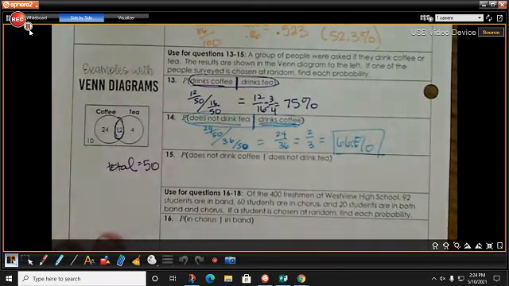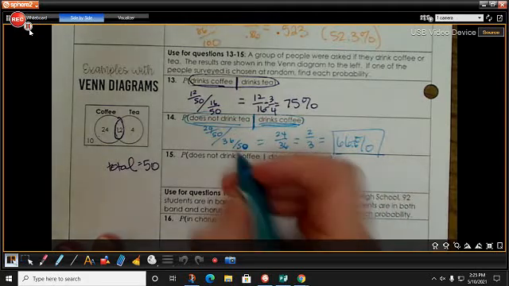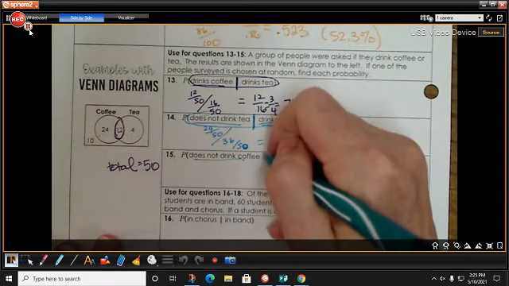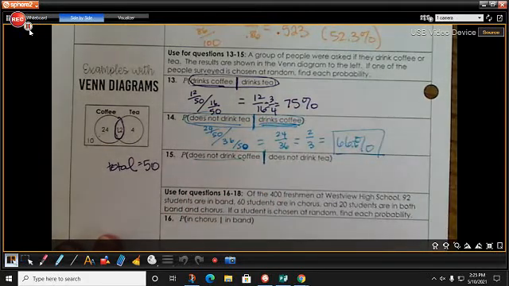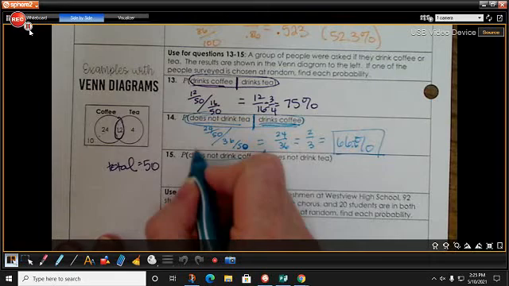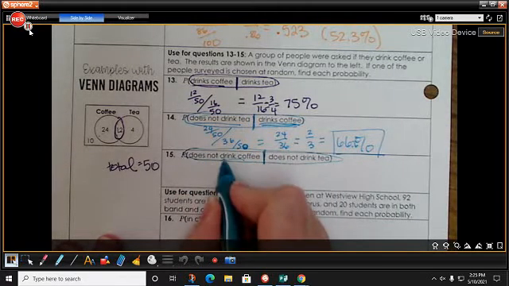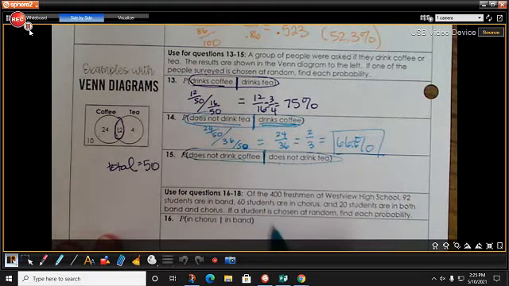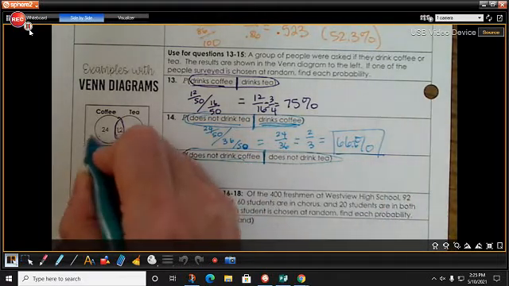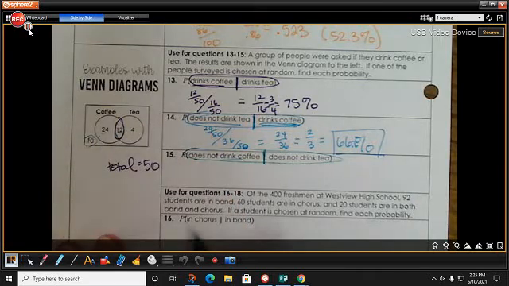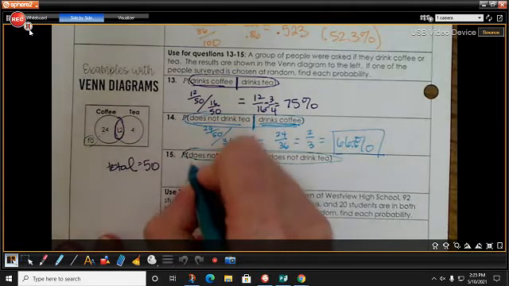Now my probability that someone is going to not drink coffee given that they don't drink tea. So first I need to find all the people who don't drink coffee and don't drink tea. And you find that, oh, that's these ones right here. They don't drink coffee and they also don't drink tea. So I have 10 out of the 50.